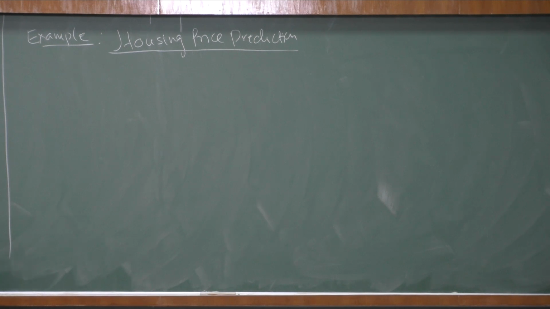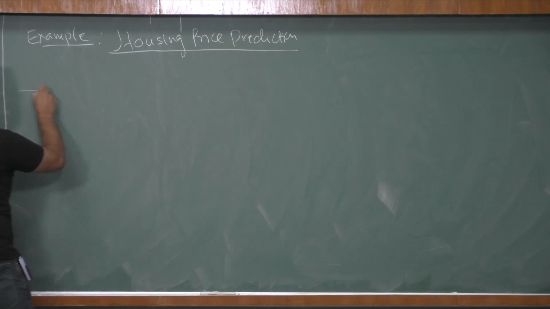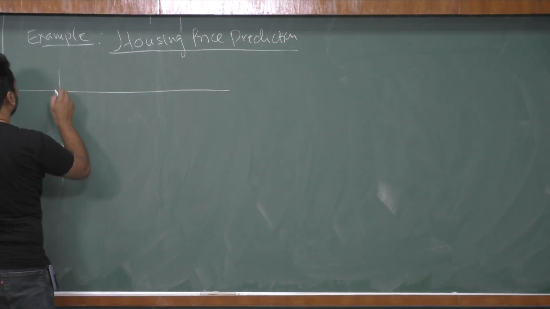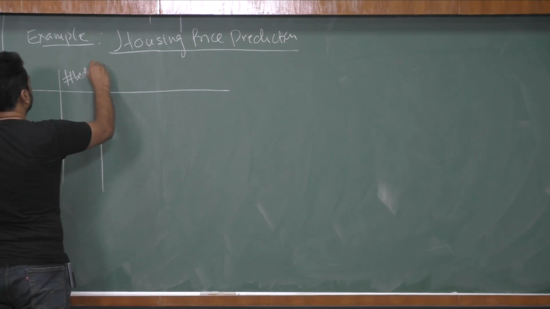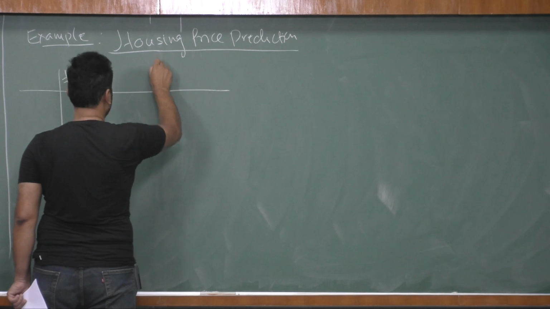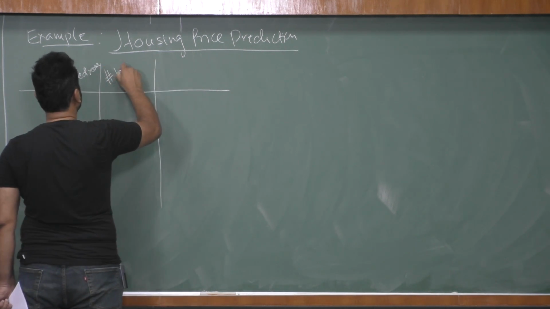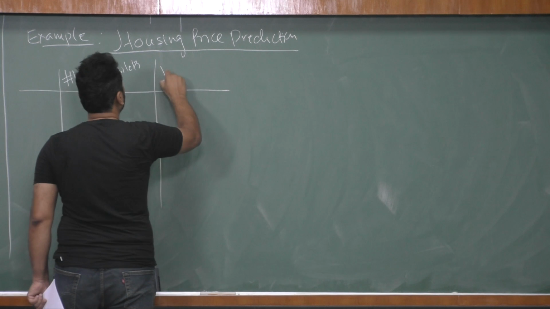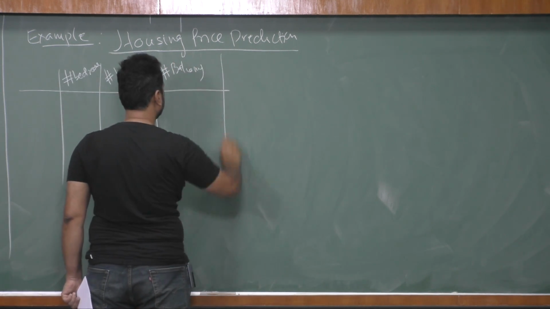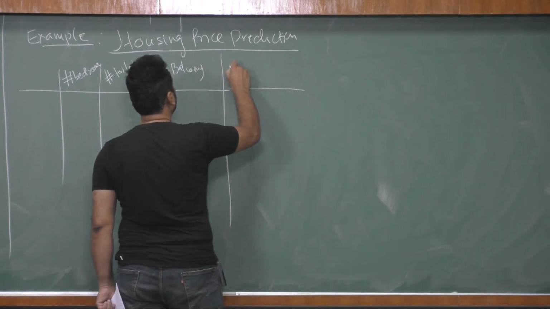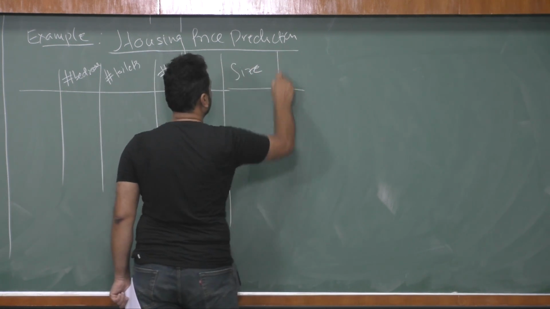So we can have some samples where let us say some of the features could be number of bedrooms, number of toilets, number of balconies, size of the house, location.